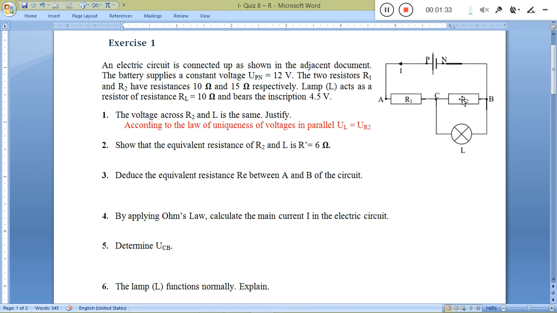In the question, he denoted the equivalent resistance of these two resistors as R prime, so we cannot call it R equivalent.